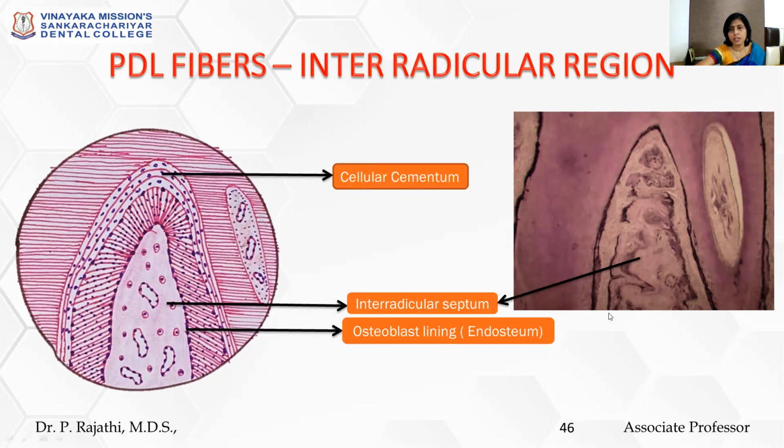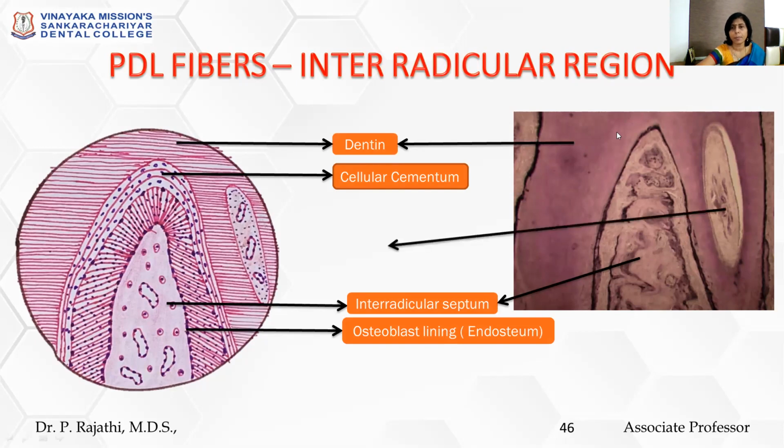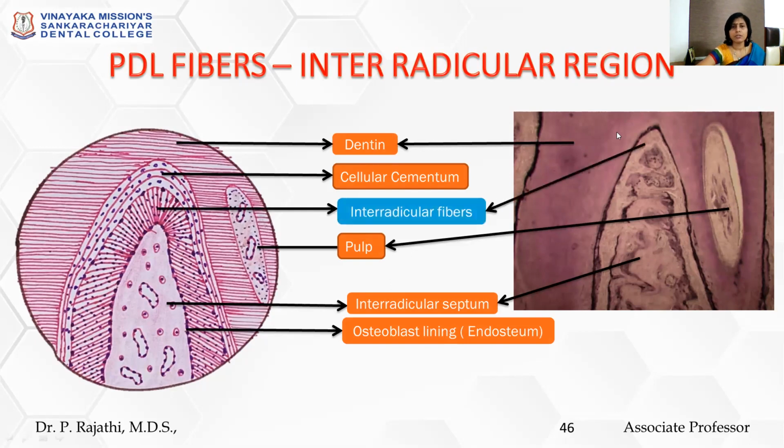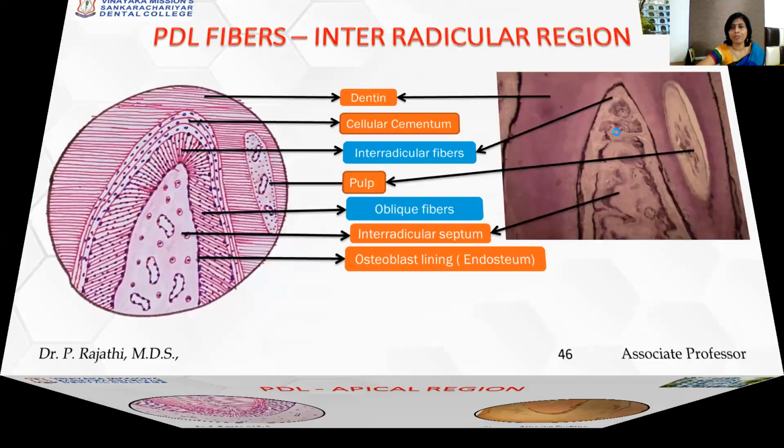And then the cellular cementum, because in the interradicular region it is cellular cementum, right? Secondary cementum. Then this is dentin. A part of pulp tissue is seen on one side of the root. So here you can see the interradicular fibers in the interradicular region, and then the oblique group of fibers.